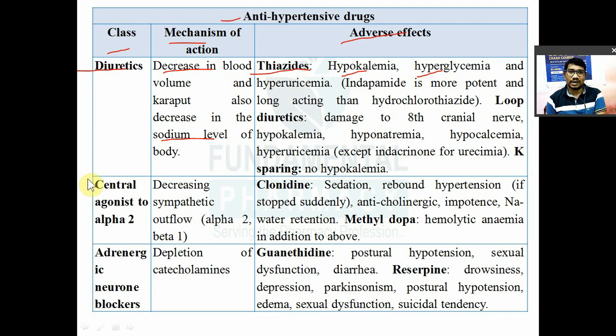So hyperglycemia, then hyperuricemia. They will decrease the excretion of uric acid and increase the reabsorption of uric acid from the tubules. That's why hyperuricemia.